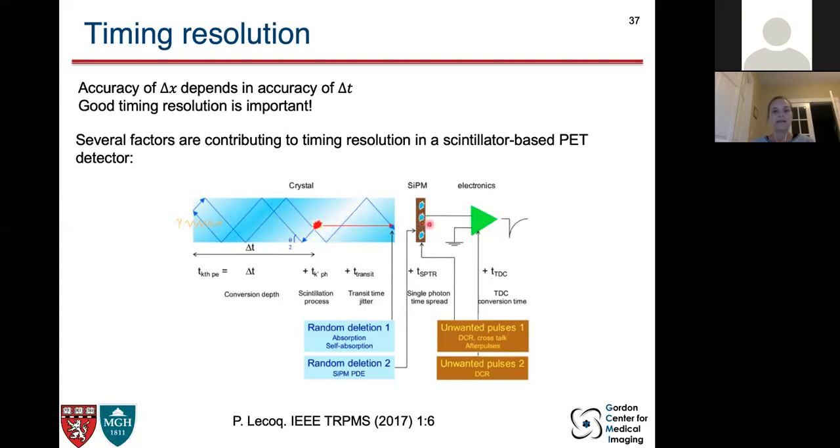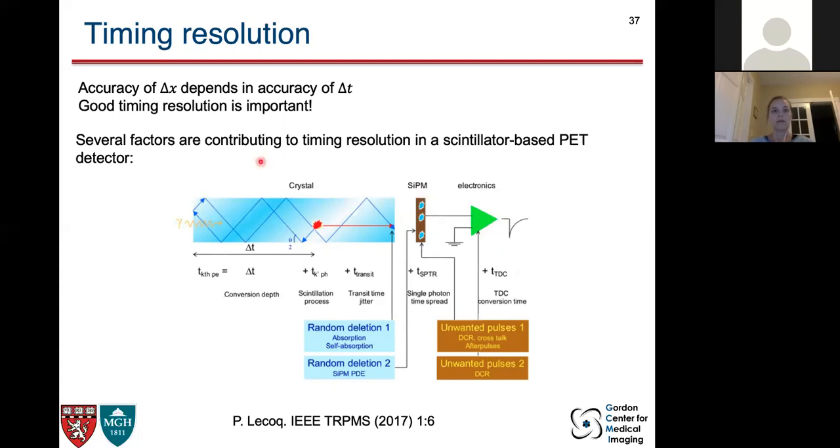In addition to this, we would have random losses of some optical photons, like some can be absorbed within the crystal. We have a quantum efficiency of our photodetector, meaning that some photons will not be converted to photoelectrons, but will be lost in this interface. And there's also a time spread in the conversion time in the electronics.